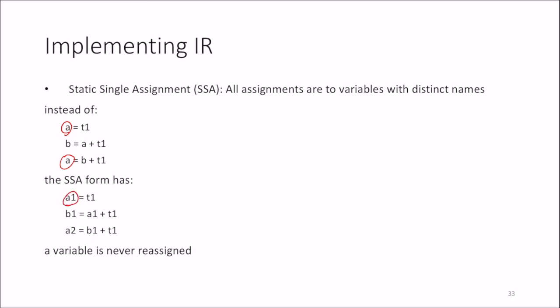So this will be assigned to A1, and then this gets assigned to A2. Notice that A1 and A2 are different locations, and the variable A is never reassigned. When you do an assignment, like in this case, you're assigning to A1, instead of reassigning to A1 again, we are assigning to a new location, A2, and then using that location for subsequent uses.